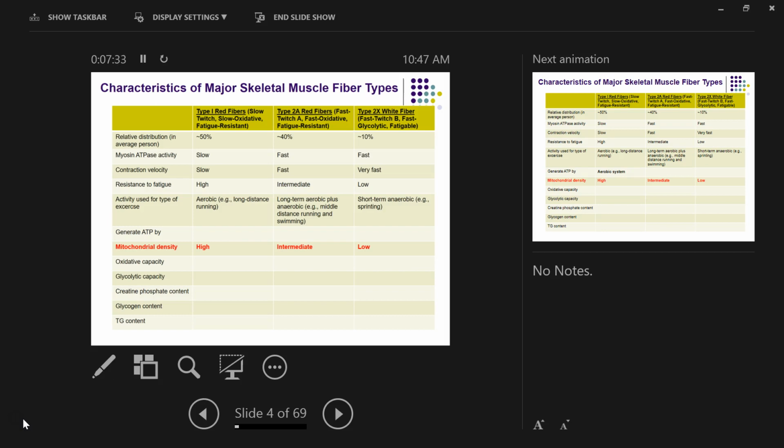The reason, which we're going to talk about later, is that type 2X fibers have a lower mitochondrial content, right? So this type of fiber is not able to oxidize fatty acids and also glucose. Glucose only goes through partial oxidation to produce a lot of lactic acid.